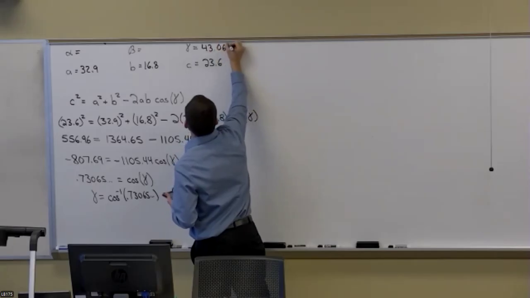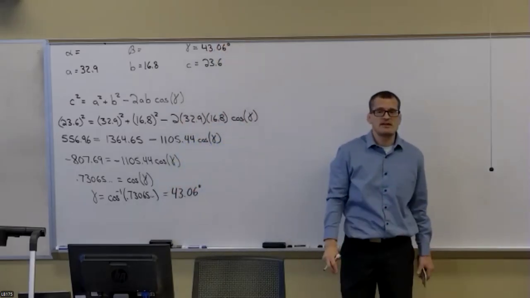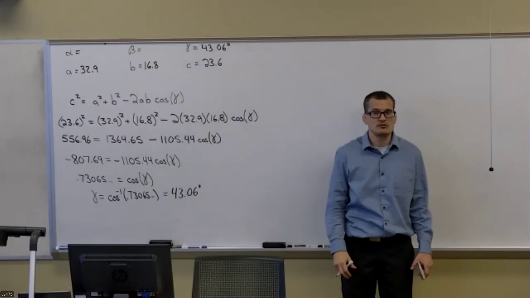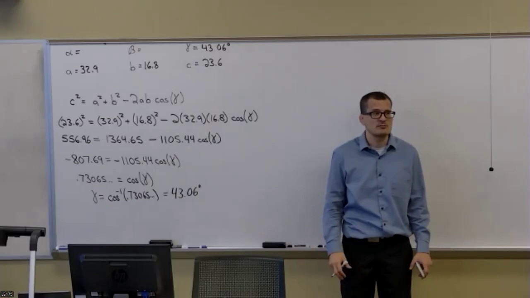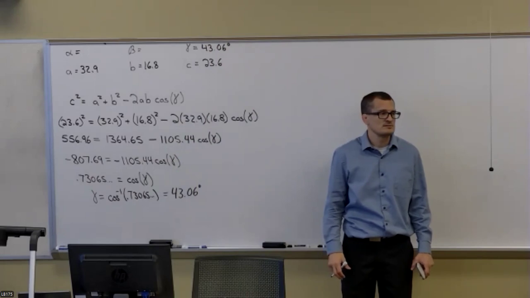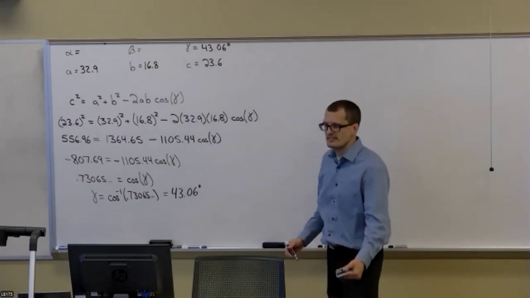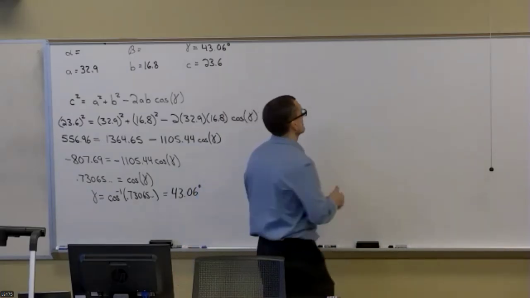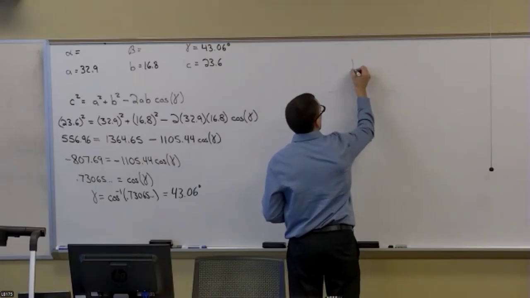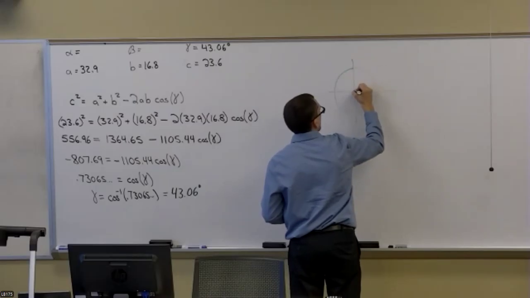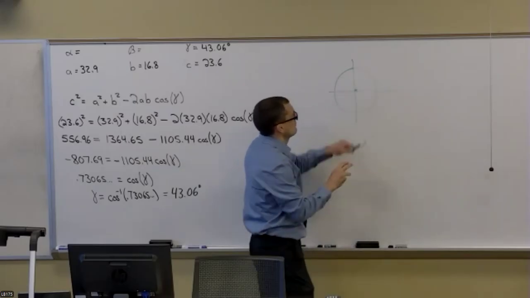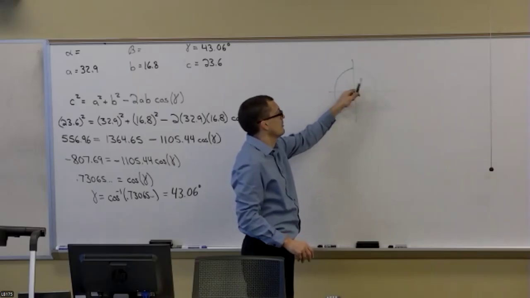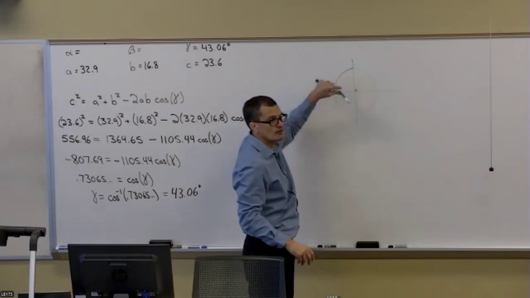Now, I claim that I don't have to worry about supplementary angles here. Does everybody understand why I don't have to worry about supplementary angles here? The reason I don't have to worry about supplementary angles in the cosine case is because when I solve for cosine, one of my angles was either in the first or second quadrant. The other angle was in the fourth or third quadrant.